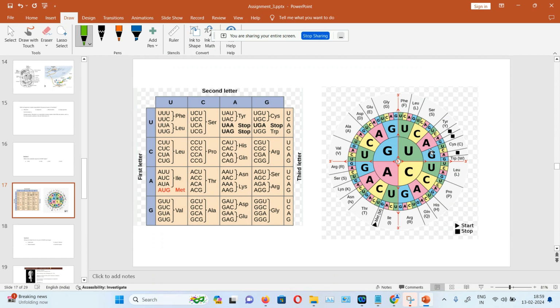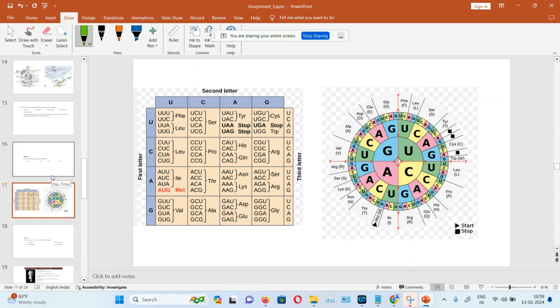There are letters like U, U, C. C stands for cytosine, A stands for adenine, G stands for guanine, and U stands for uracil, or instead of U you can use T, which is thymine. So instead of UUU it can be TTT, and UUC instead of TTC. You can put it that way.